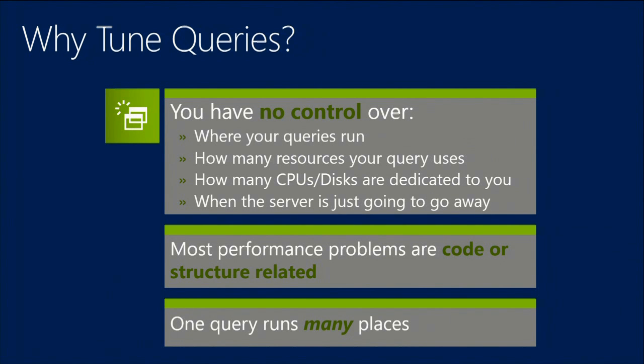From the Windows Azure perspective, we're always looking out for your performance, so we may take your primary database and move it from one server to another to get better performance. So that database may just go away at some point while it's failing over to another box. You don't know where it's going to run, you don't know how many resources it's going to be given right now, and your database could just go away.